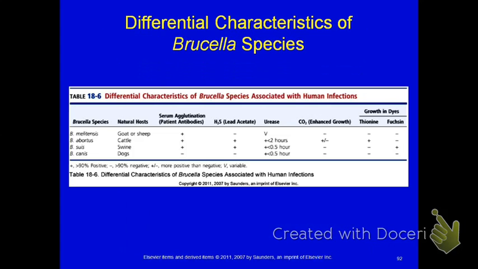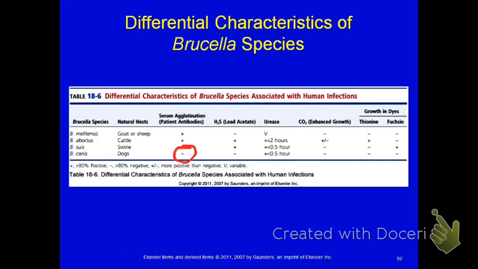Interestingly, this is how we differentiate the 4 species of Brucella. In the direct bacterial agglutination test, all of these would be helpful except for Brucella canis, since Brucella canis would usually have a negative result with this.